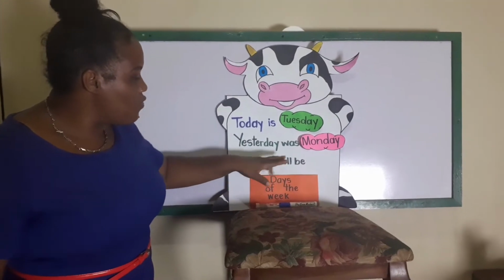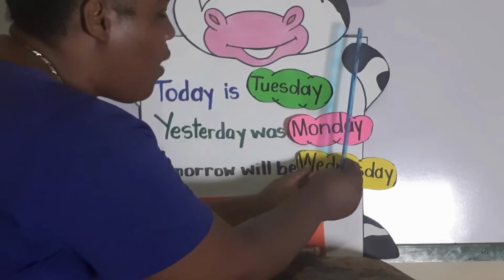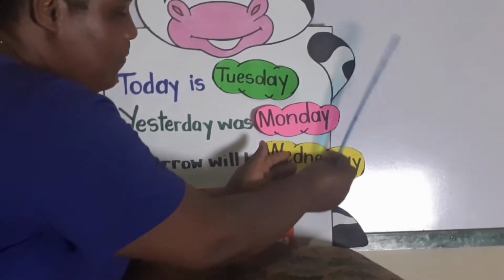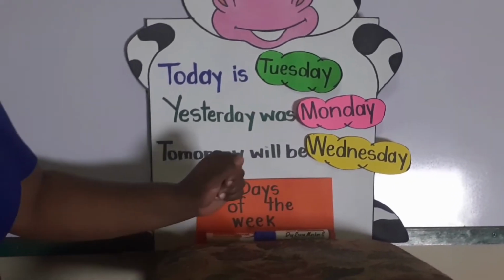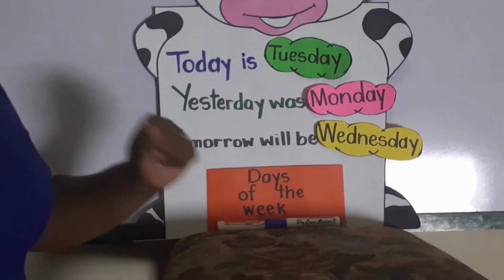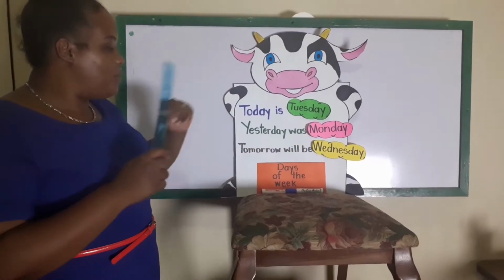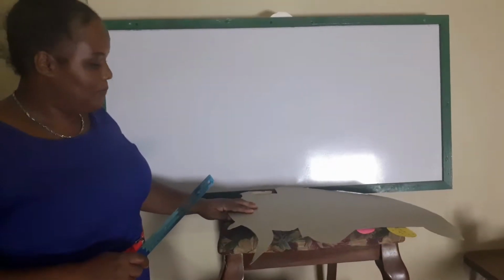So tomorrow will be Wednesday. And Wednesday comes on a yellow paper. So tomorrow will be Wednesday. If you got it correct, well done. Thumbs up to you. All right, so let's jump straight into our lesson for today.